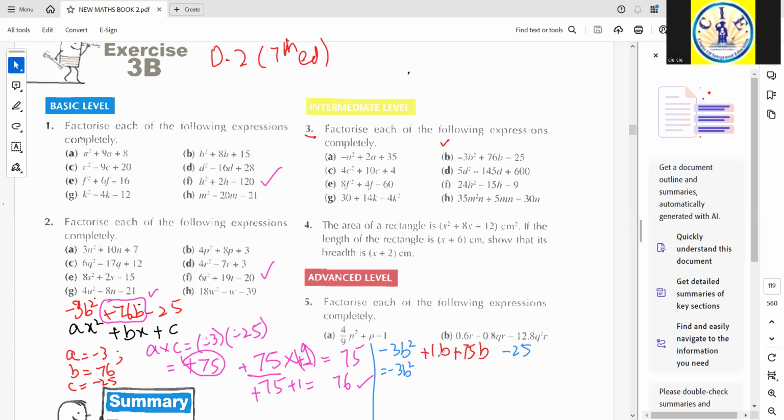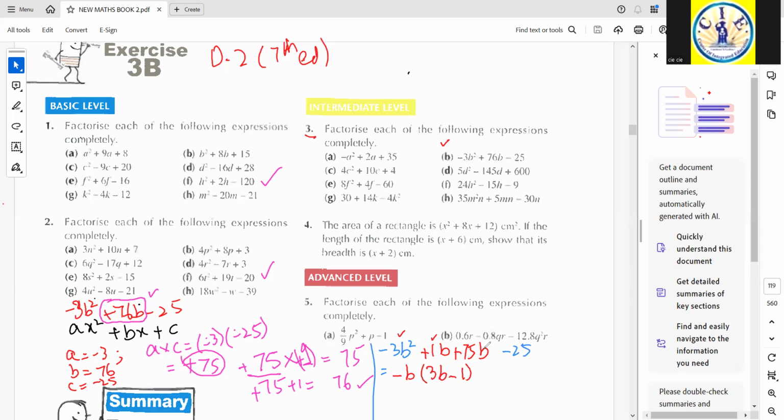So taking common from the first two terms, now you can see we can have negative b common from this term and this term. So we are left with positive 3b inside the bracket and then negative 1 from the second term.